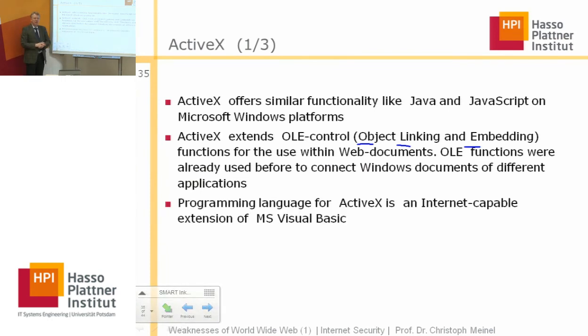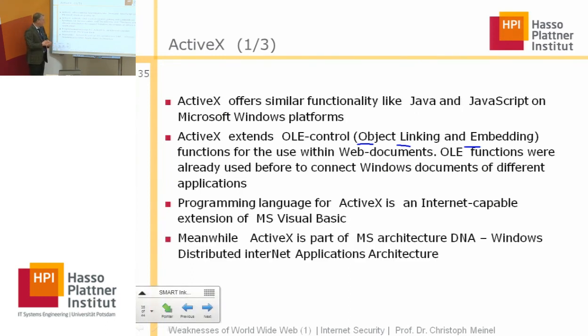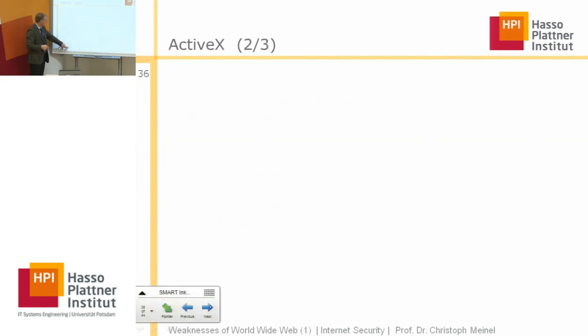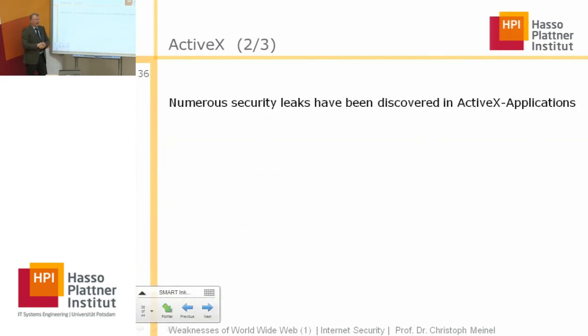The programming language used for ActiveX is an internet-capable extension of Visual Basic. Meanwhile, ActiveX is part of the Microsoft architecture DNA, the Windows Distributed Internet Applications architecture. Over history, many security leaks were discovered in ActiveX applications.